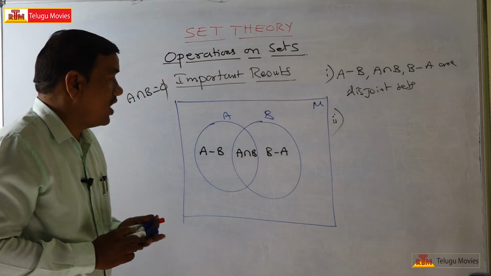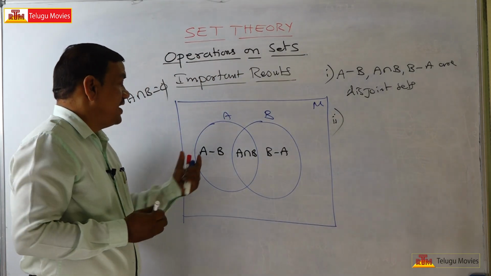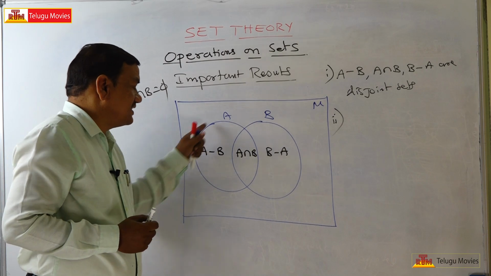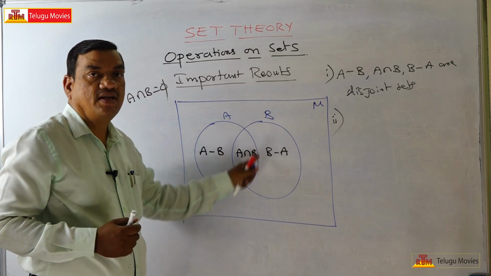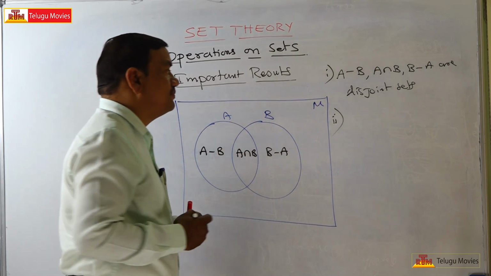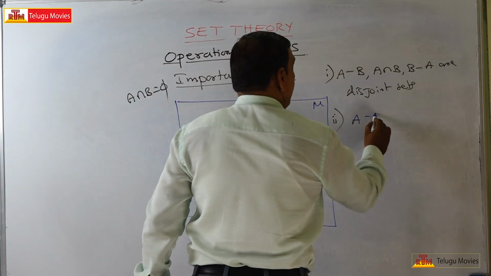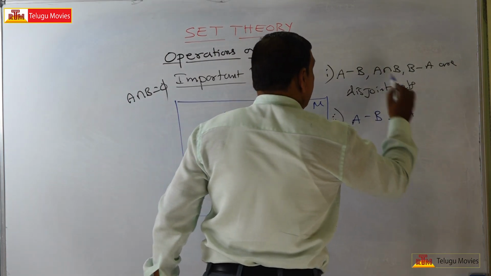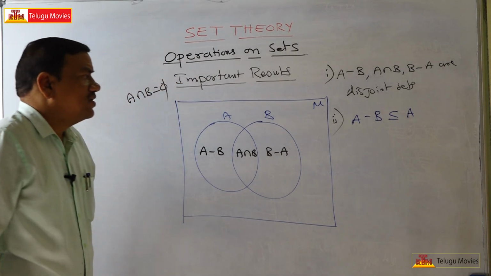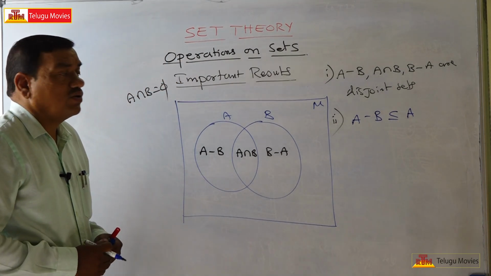Second thing you have to observe is A minus B is a subset of A. A minus B is a subset or equal to A. Why am I writing subset or equal to?